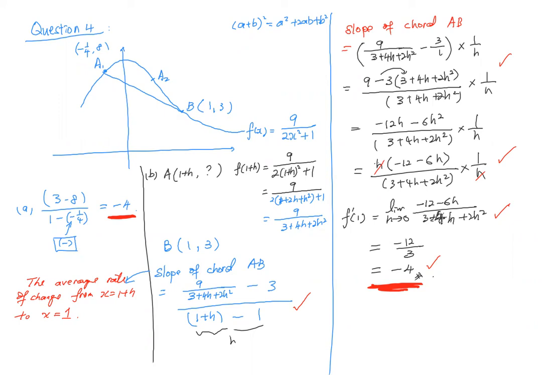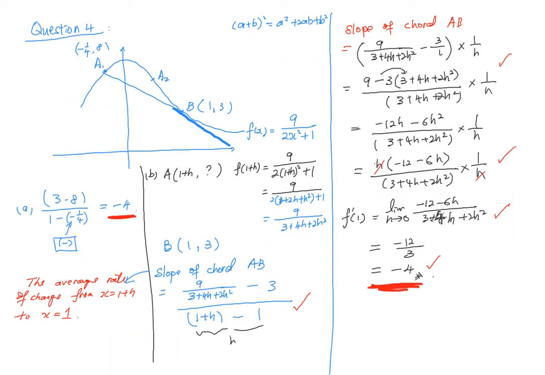You see or not? This chord touches. So it happened to be the tangent. So the accuracy of this statement is only true if the chord is not a tangent to the curve.